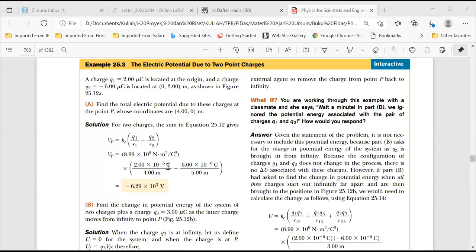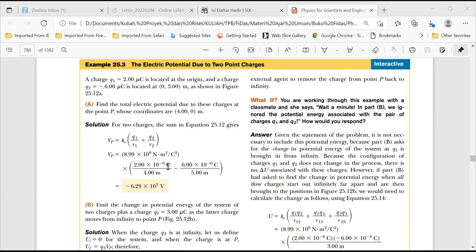Okay, so this is the example of the two charge system, two point charge particles. So you just sum the potentials caused by each charge.